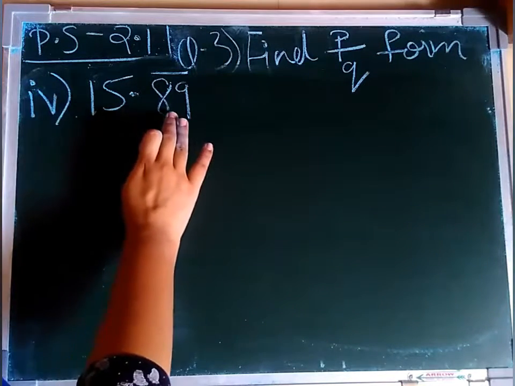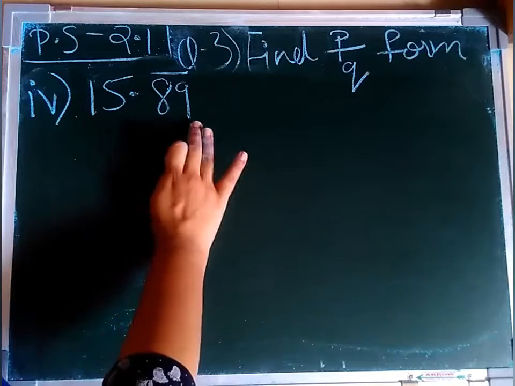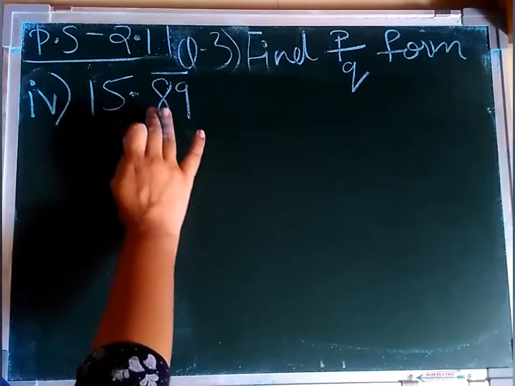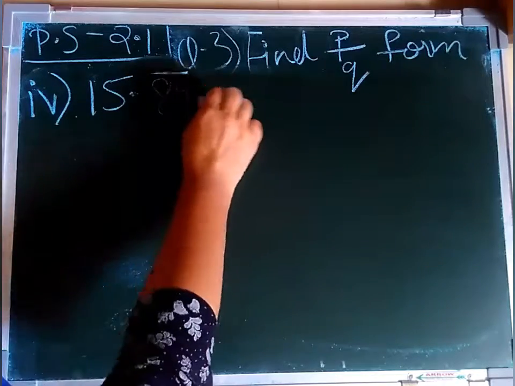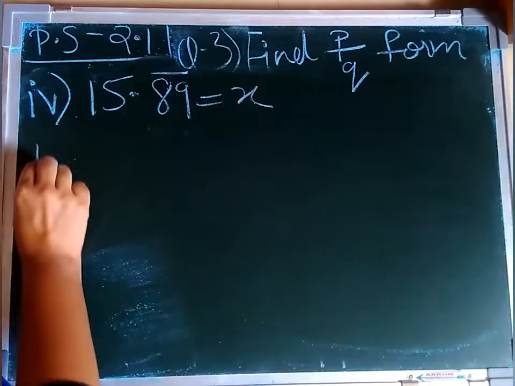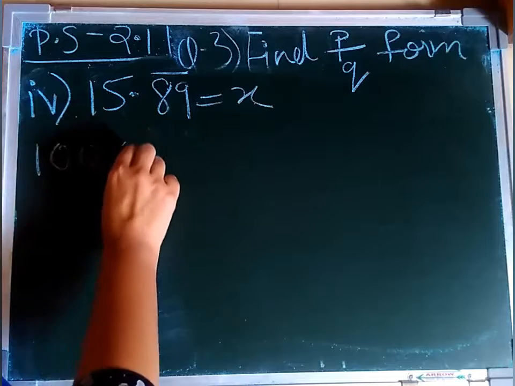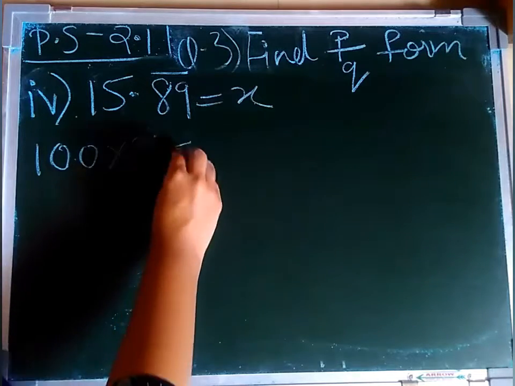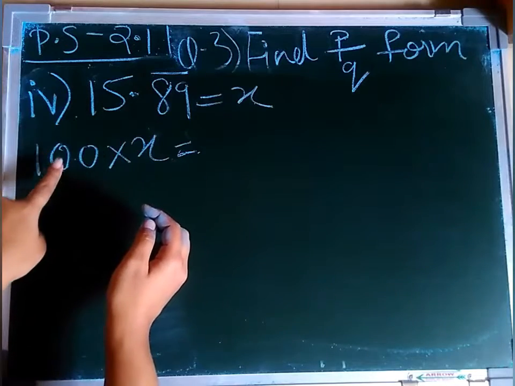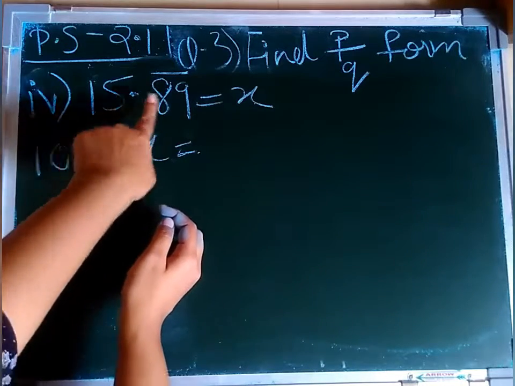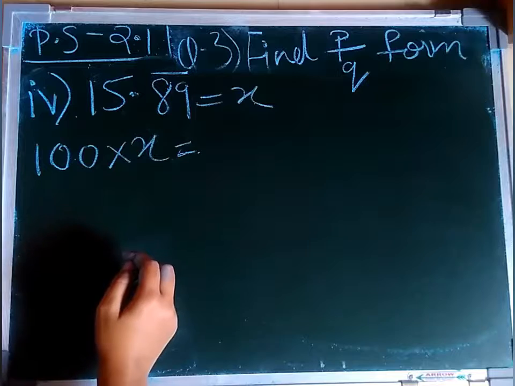Okay, 15.89 bar. Now after the decimal point, two numbers are repeating. So first I will name this as x and multiply it by 100. When there is one number repeating, I multiply by 10. When there are two numbers repeating, I multiply by 100.